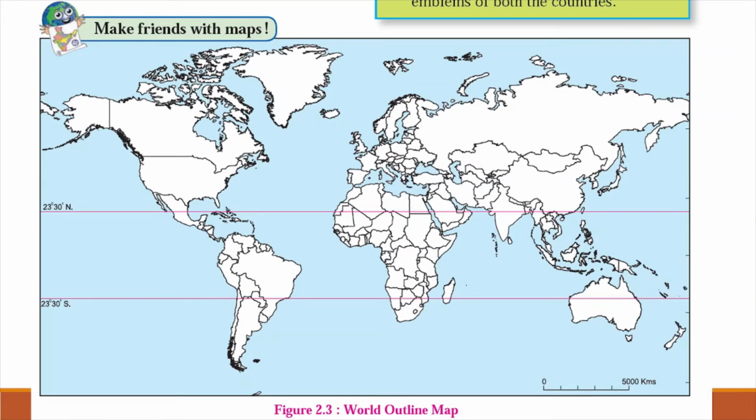Now, a little exercise, little revision maybe. We saw 23.5 degree north is known as the Tropic of Cancer. We can remember it from ICAN because it passes through India. Okay, so the one on the south will be the Tropic of Capricorn.